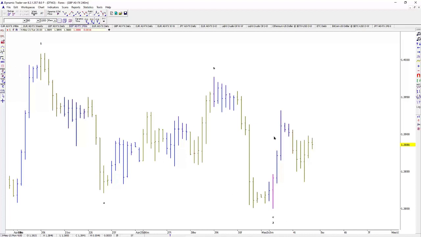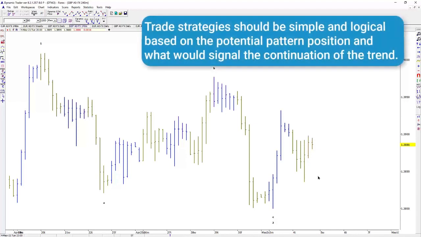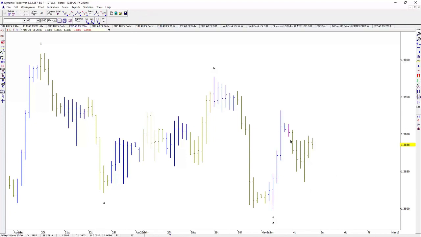But what would be a very logical trade strategy to enter on the British pound without having to wait until we traded above what I've labeled as wave B swing high? Well, if we've had an advance and a correction, and we traded above this swing high, that would indicate that the bull trend is resuming, and we'd probably continue to a new high.